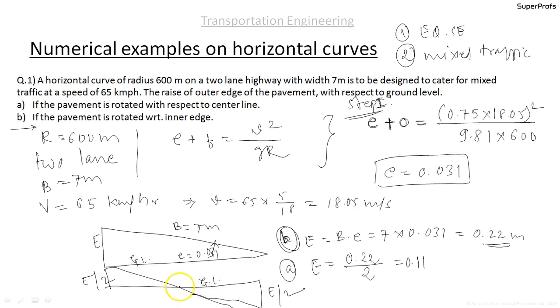So in this case, the raise is E by 2, and in this case, it is capital E. This question was asked to check your understanding of what the capital E value is when the pavement is rotated about the inner edge and when rotated about the center.